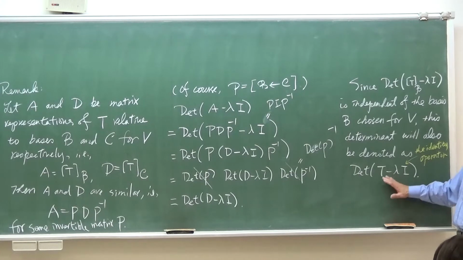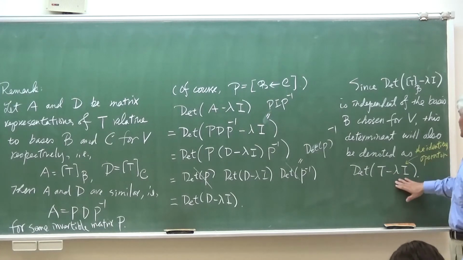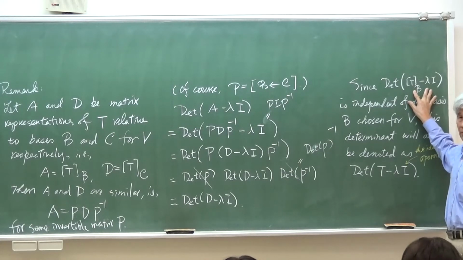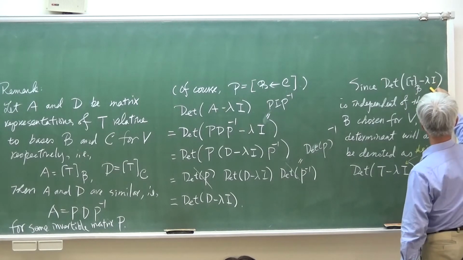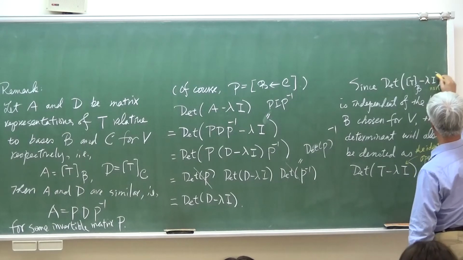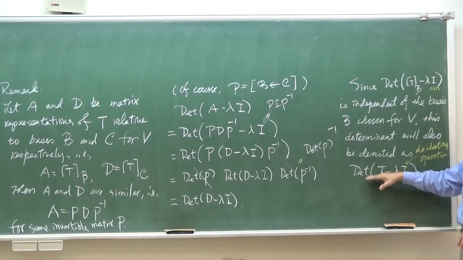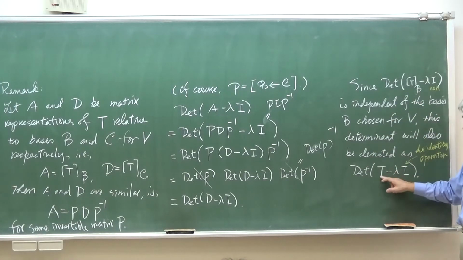This notation just tells you that the determinant here is actually this determinant, where A is an n by n matrix and I is the n by n identity matrix. Since this determinant is independent of the basis we choose, we can just write it down, because it is just a property of the linear operator. Any questions?